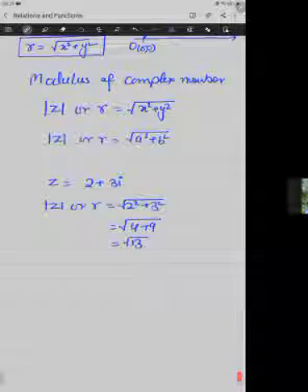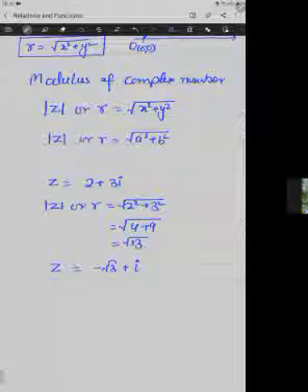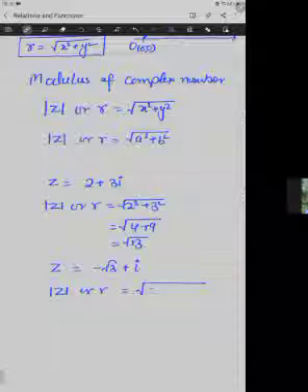Whereas if we have z equals minus root 3 plus i, then mod z will be under root minus root 3 to the whole square, plus the coefficient of i, which is 1, so plus 1 square.